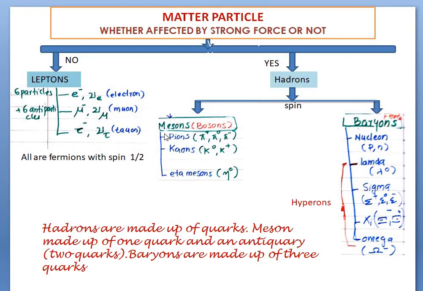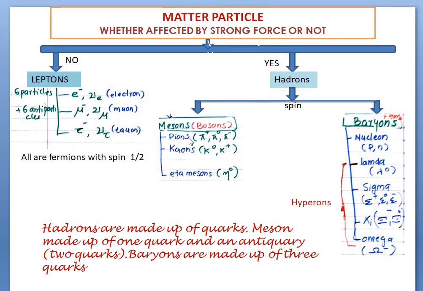We can discuss 3 important groups of particles coming under this meson family. There are a lot of particles. We will study only 3 types because our portion is restricted to this.